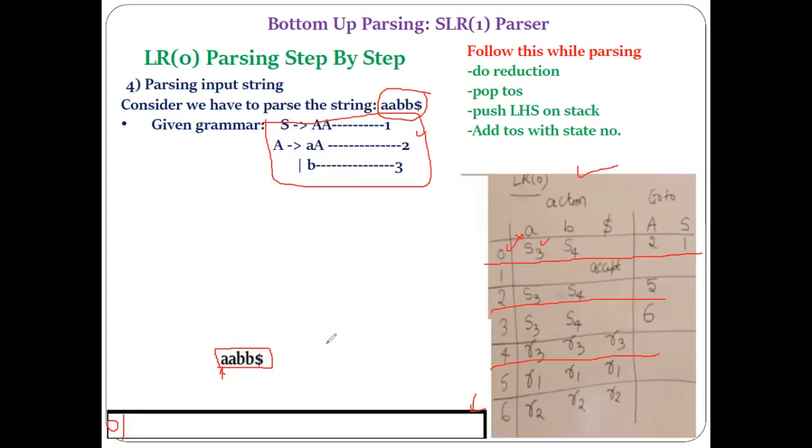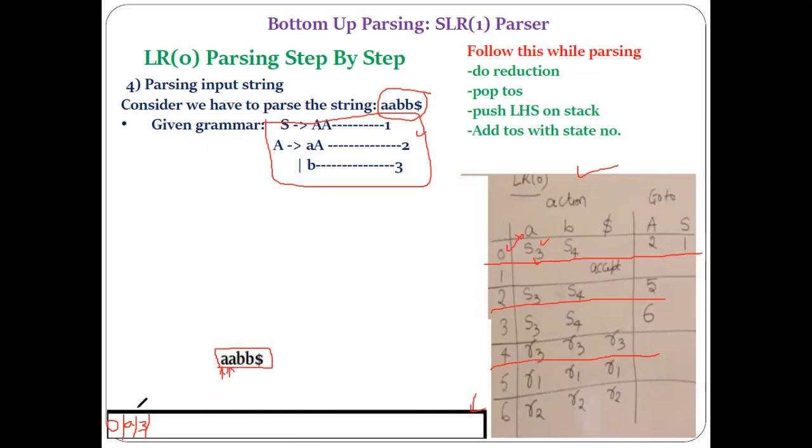To make the shift move, its entry in the stack is made like this: A and the state number, which is 3. So on the stack we write terminal A and state number 3. When you make the shift move, the pointer in the input buffer gets incremented.